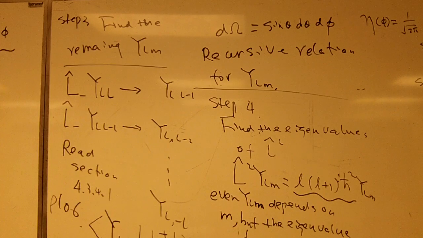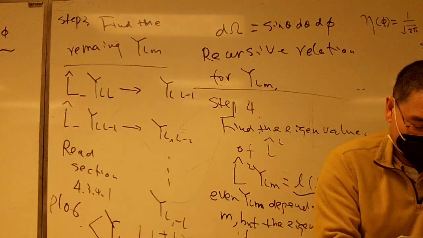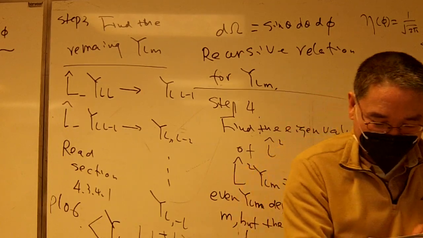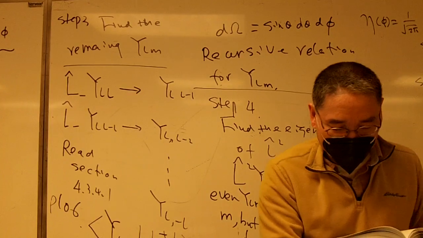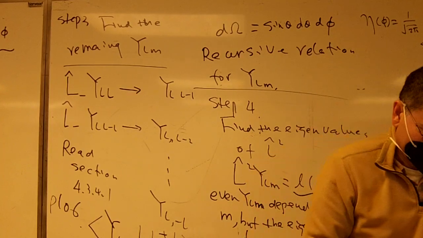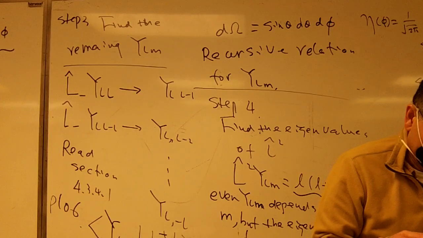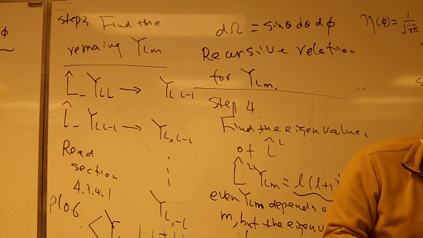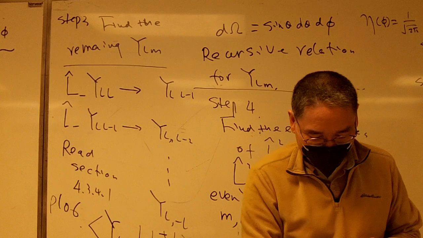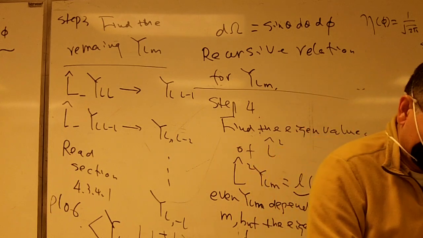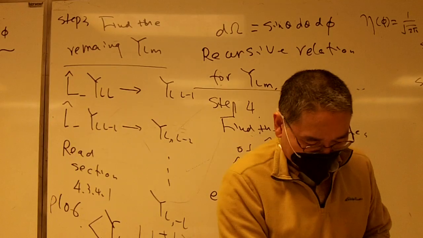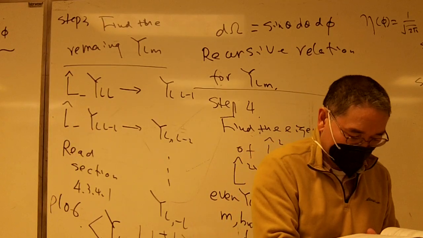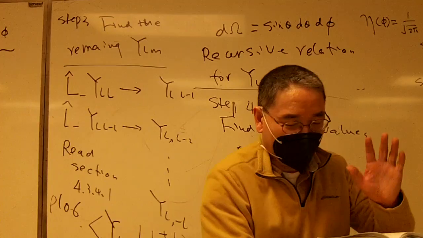Yeah, got it. Equations 4.3.21 and 4.3.22 make it possible to compute the expectation values of Lx, Ly, Lx squared, Ly squared, and Lx squared plus Ly squared. Here we use them to find the eigenvalues of L squared, but there are two ways to obtain them. One is to use the ladder operators, and the other is to apply L squared to Y_Lm with the following. Okay. Yeah, that's good.